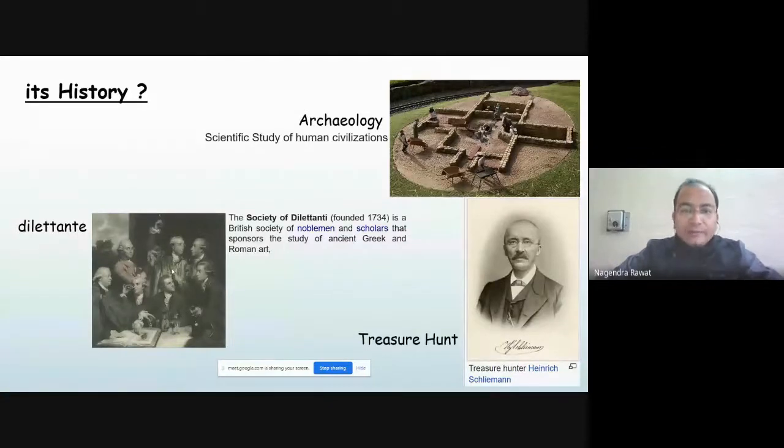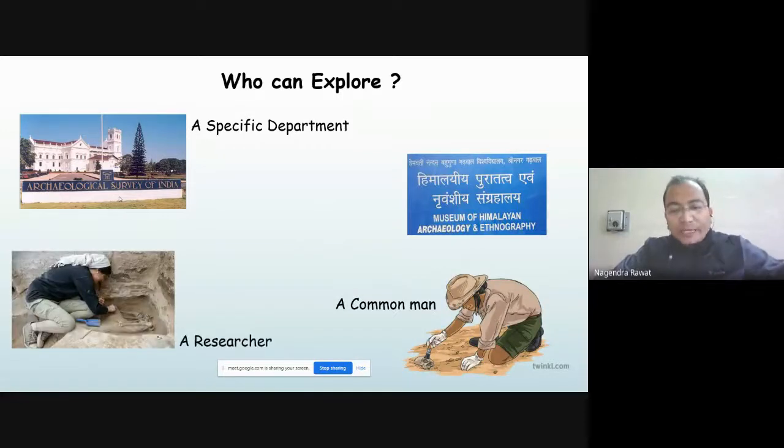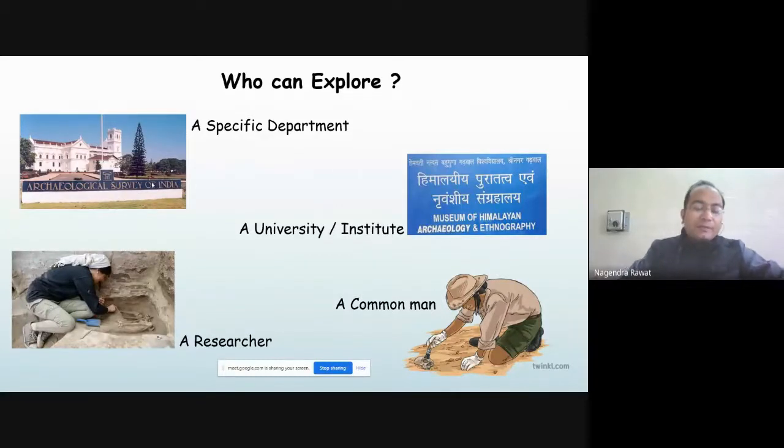of archaeology. Okay, so in archaeological exploration, the next question which I prepared is: who can explore? Here I can show you that a common man can explore a site, but with some restrictions.